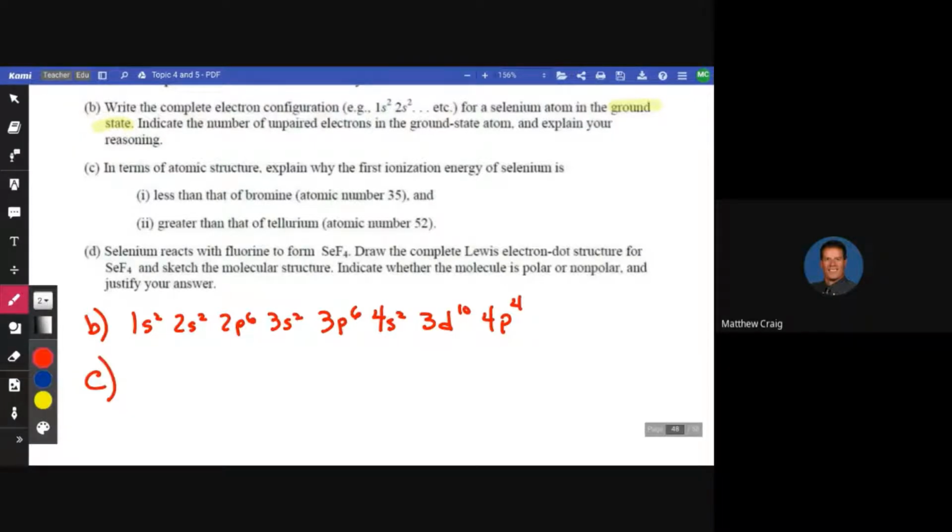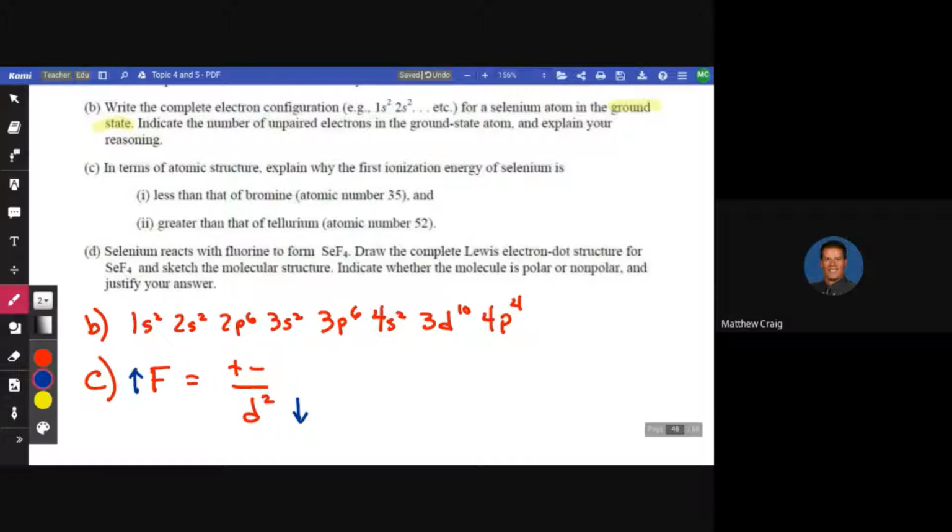Bromine has a stronger force of attraction because it has more protons than selenium, causing the distance to get smaller, therefore increasing the force of attraction. So the bromine has a smaller radius because it has one more proton than selenium, while the number of core electrons is the same.